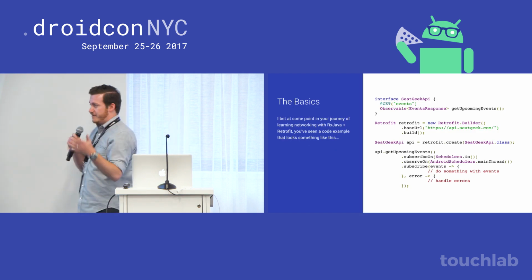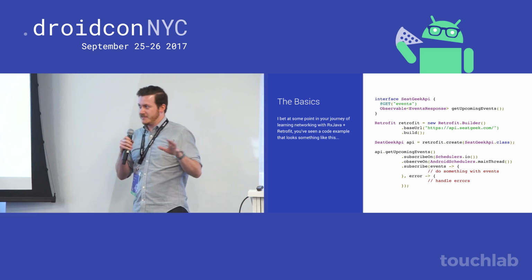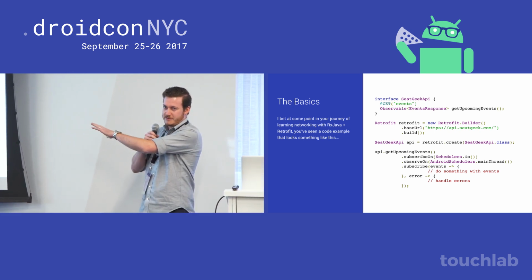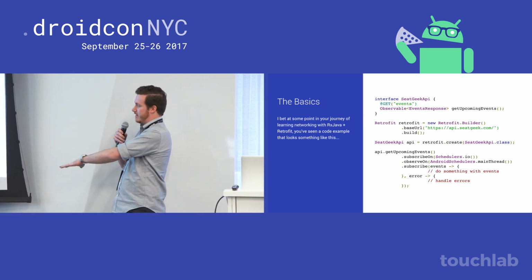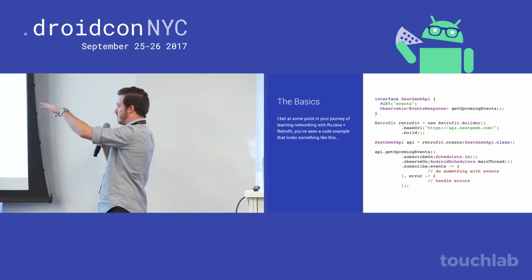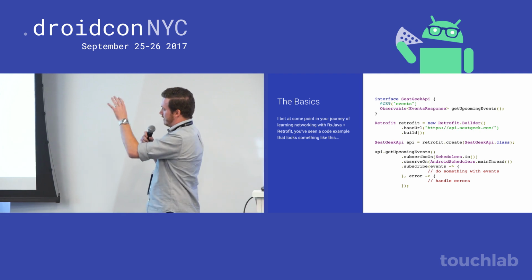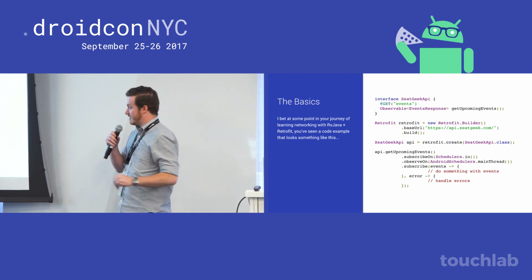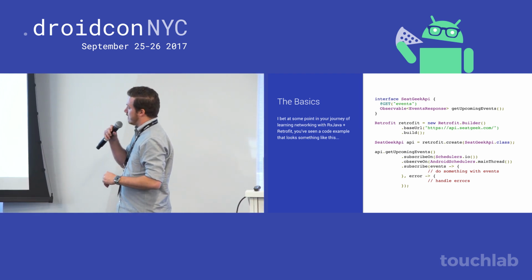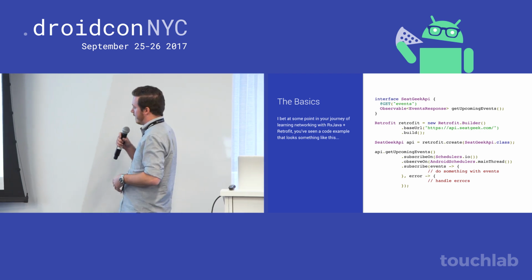In a lot of intro to Retrofit talks or intro to RxJava talks, you'll see a very similar observable setup to this. Here you can see we have an interface definition that we're using for Retrofit. We're using the Retrofit builder to build our Retrofit instance. We're then getting our instance, in this case, our SeatGeek API class. We're going to fetch some events because we want all the events to display for a user.